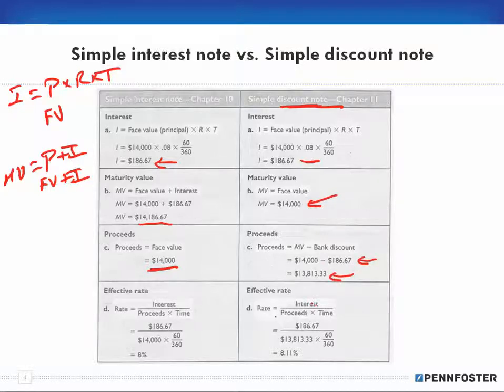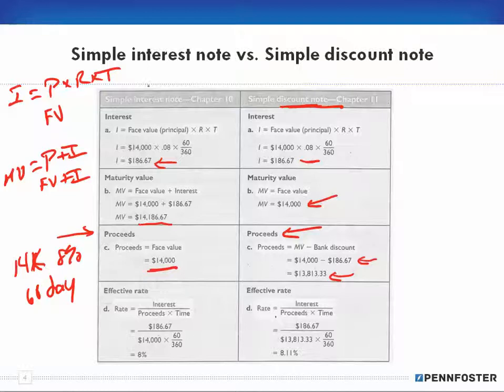So in other words, maybe the way to think about this is proceeds is when you go into the bank and you say, okay, I want to borrow $14,000, and I want to borrow it, in this case here, at 8% for 60 days.